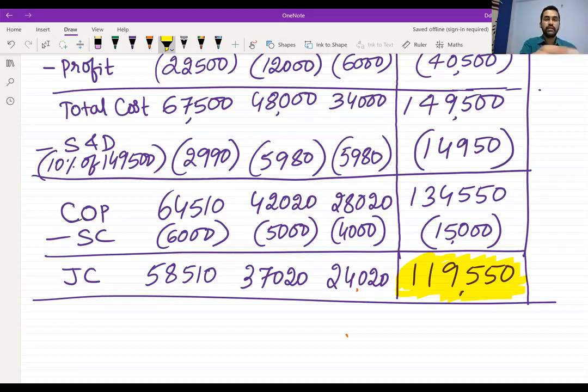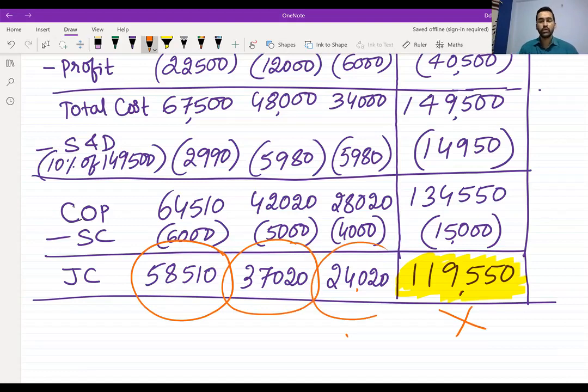Please understand, the purpose of doing the table is not to get this number, but to get these numbers. The question is, prepare a statement in such a way that this 119,550 gets distributed between A, X and Y. So the purpose of table is not the total. The purpose of table is to get these three numbers.